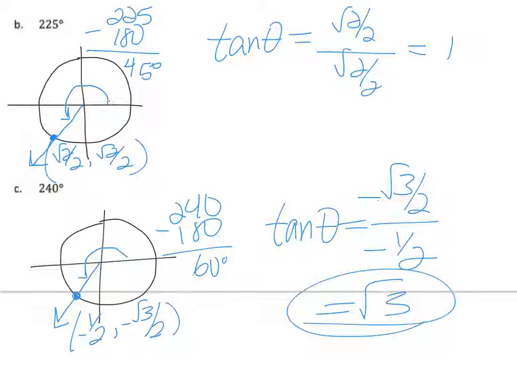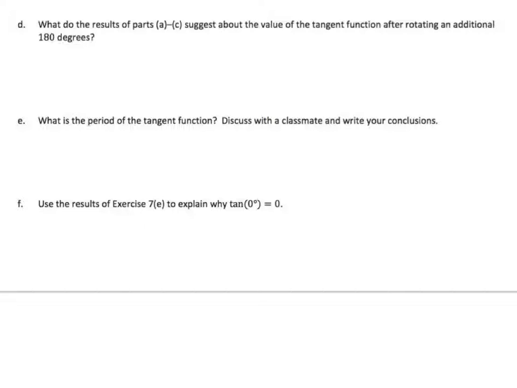Awesome. What do the results in parts A through C suggest about the value of the tangent function after rotating an additional 180 degrees? If the initial ray is rotated by 180 plus theta, then the terminal ray is on the same line as the terminal ray when the initial ray is rotated by theta degrees.